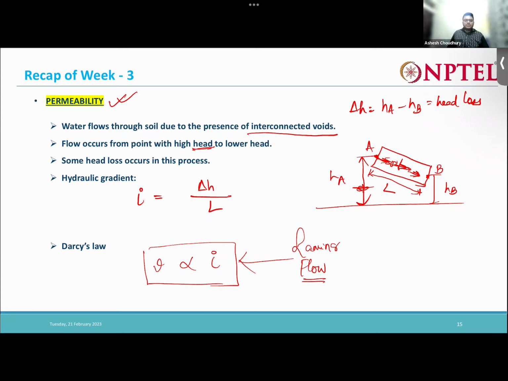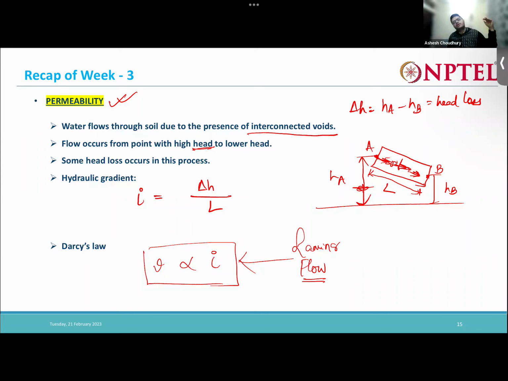Laminar flow means that when water or any liquid is flowing, there is no intermingling of the layers of the flow.